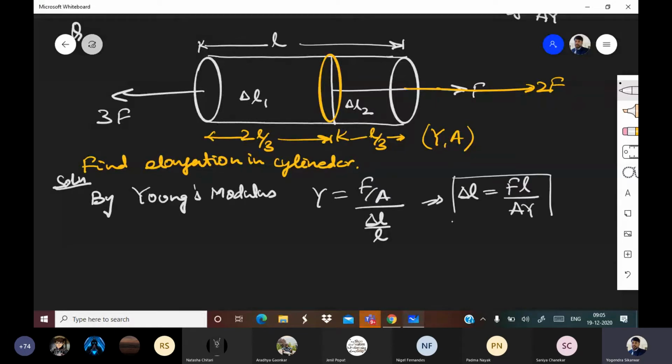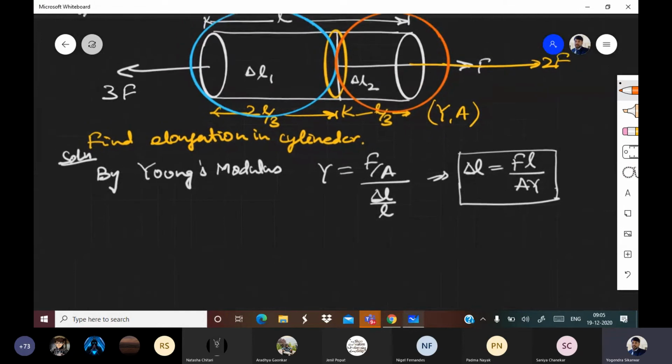So basically this formula we are going to use, and where we are going to use it, pay attention. We are going to use it in this part and in this part. So we have two parts and we'll be using this formula in these two parts.